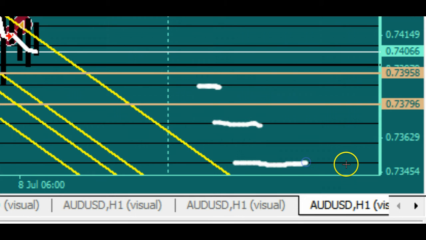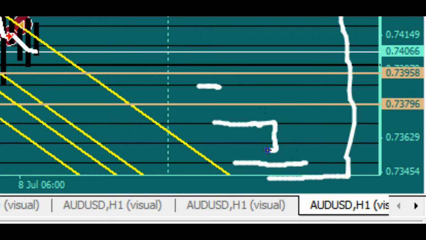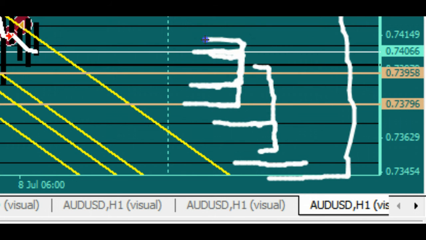But this is going to be a monster order with a stop here and a take profit here, and this one's going to be a stop here to make this much, and this one's going to be just a scalp, right? Maybe a scalp here to make 20% or something like that. This is 100% to double your money.